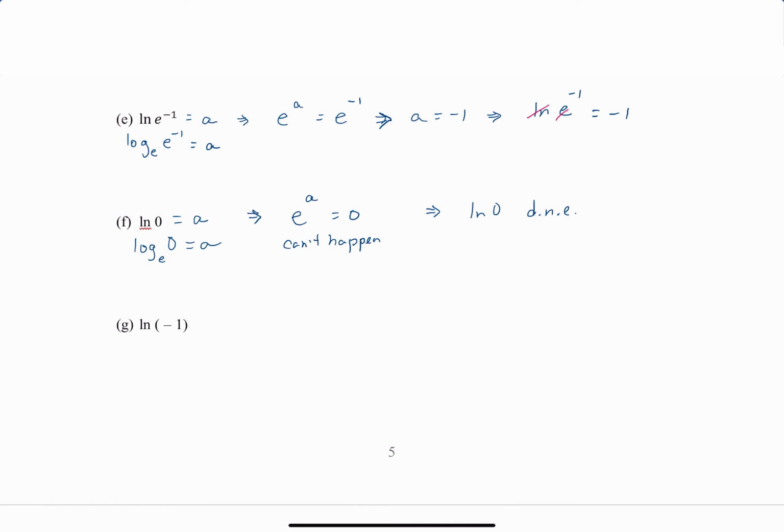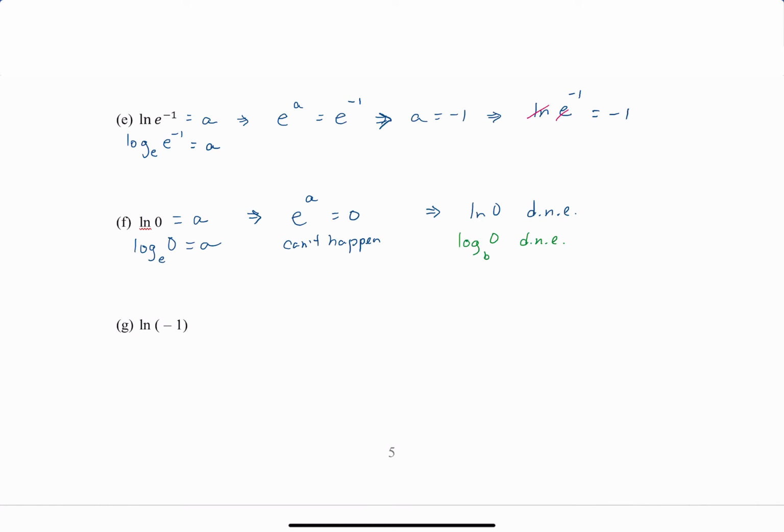And the reason I was hoping you might, if you're sharp-eyed, have spotted that this was a problematic question is, remember that we said that for any base, you can't take the log of 0. We did that up towards the beginning. So that includes log base e. You can't take the log of 0. It just doesn't exist.